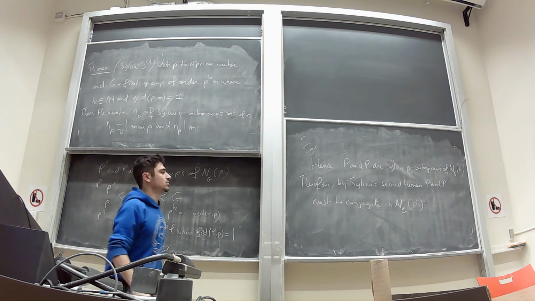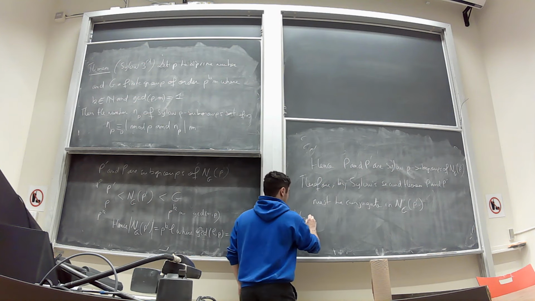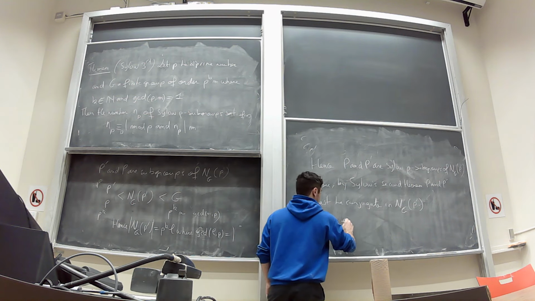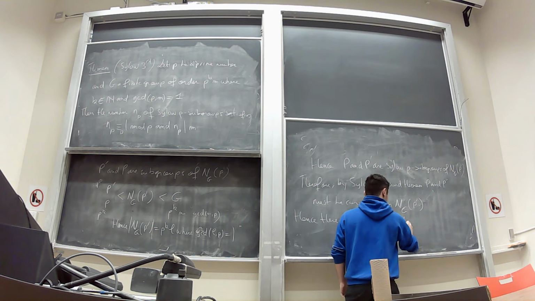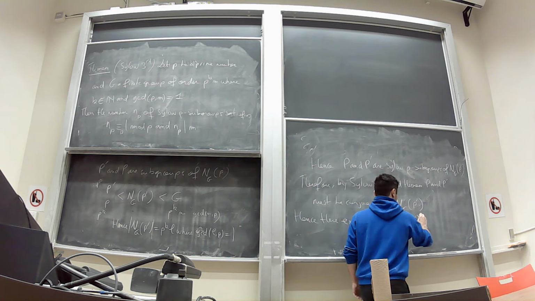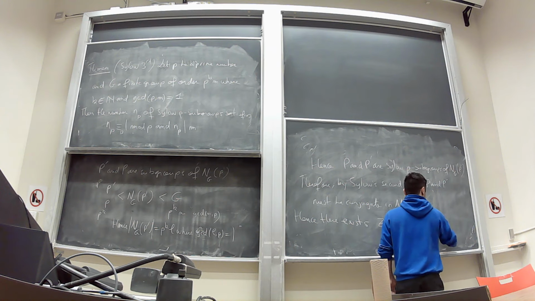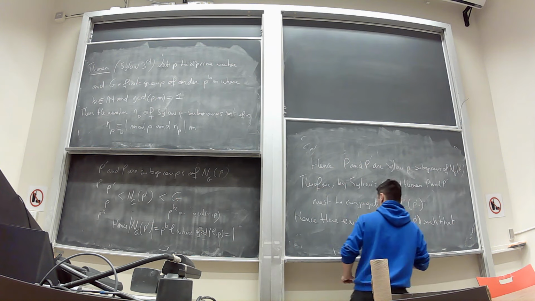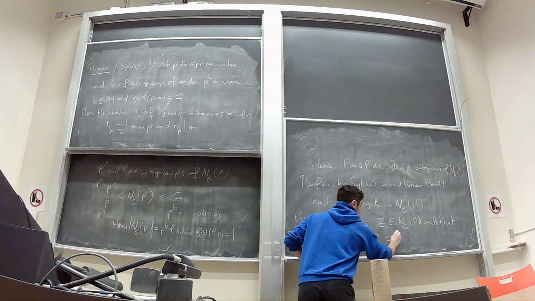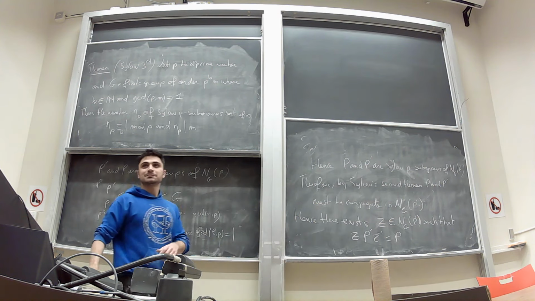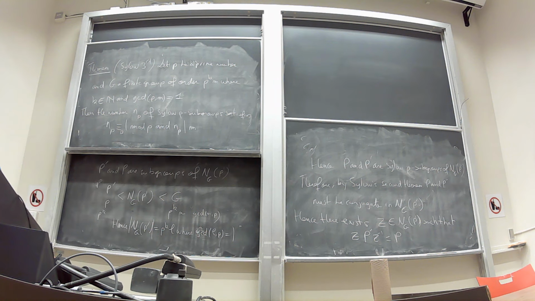What does it mean to be conjugate? Hence, there exists, let's say, z in N_G(P prime) such that z P prime z inverse is equal to P. So far so good? Definition of conjugate.